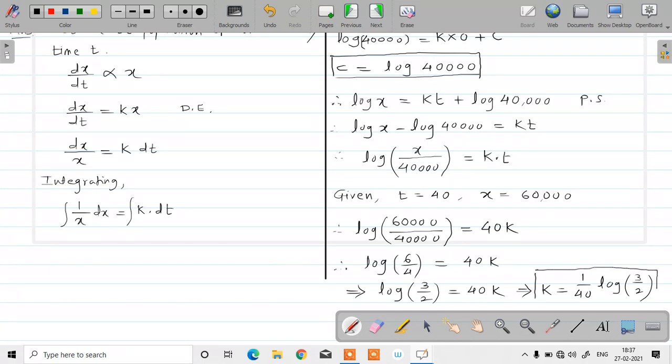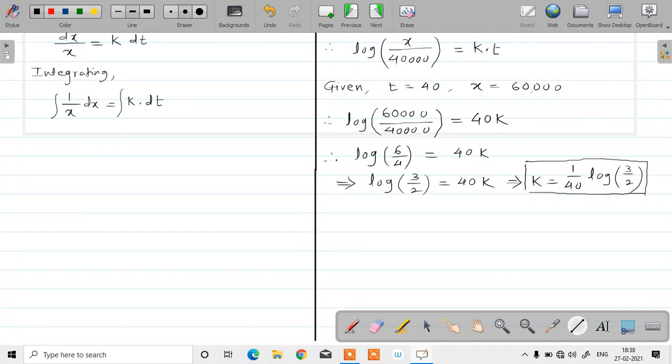So by using the initial condition, first of all we get the value of c, and by using the given condition we get the value of k here. Hence rewrite the particular solution again by putting the value of k. That particular solution becomes log of x upon 40,000 is equal to k into t.